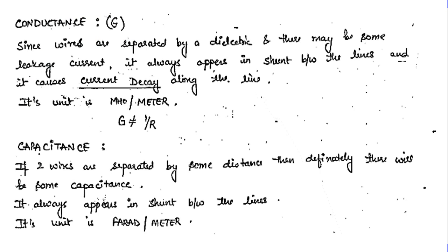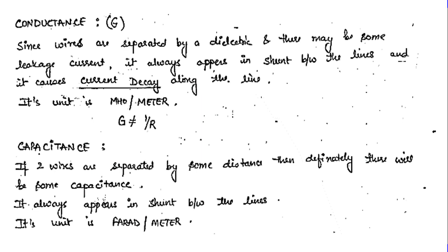Then we have another characteristic, that is the conductance. The conductance is denoted by capital G. We know that in a parallel wire conductor, between the two parallel wires there is a dielectric, and if this dielectric is not a perfect insulator, there will be some leakage through it, and that is known as leakage current.